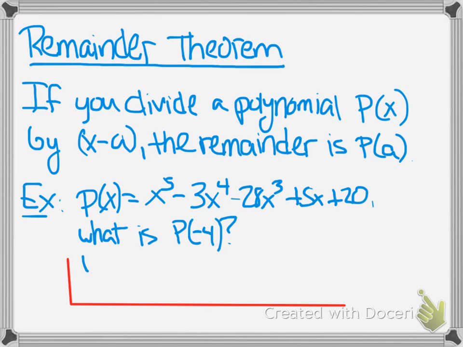So we have our coefficients, 1, negative 3, negative 28. Notice you don't have an x squared, so I put it as 0 for my x squared, 5, and 20. Now, since we're not given a factor, we don't do the opposite this time. We do exactly as it is, and that's 1. Or negative 4, excuse me.